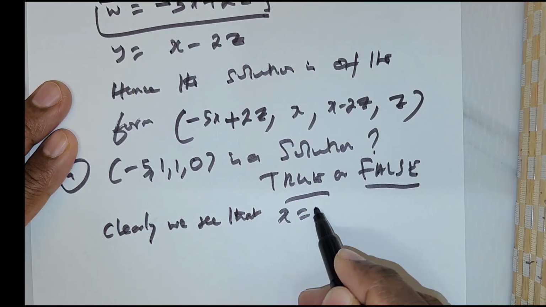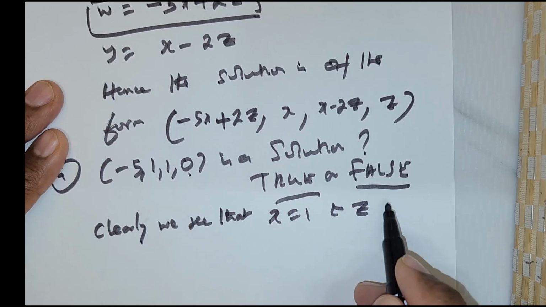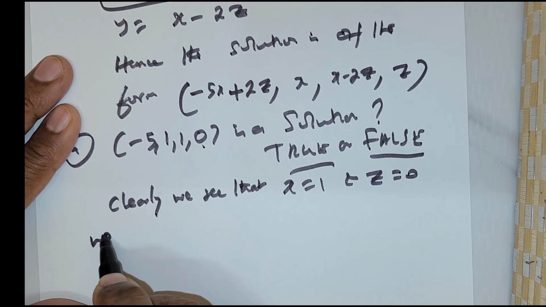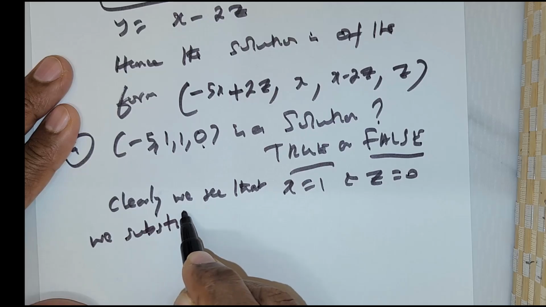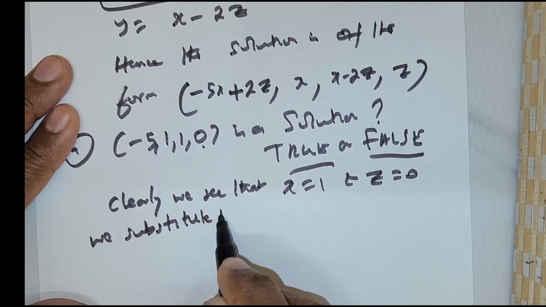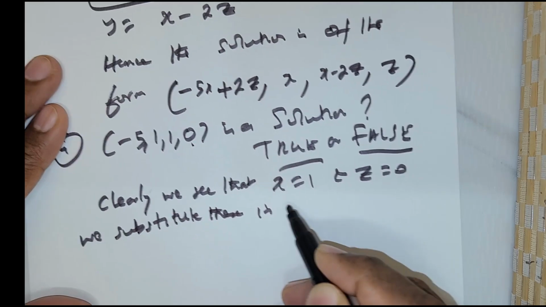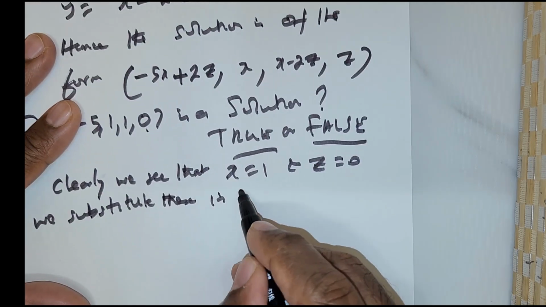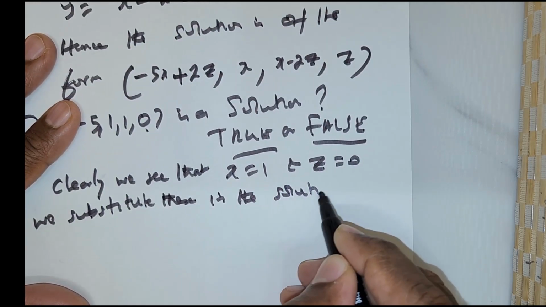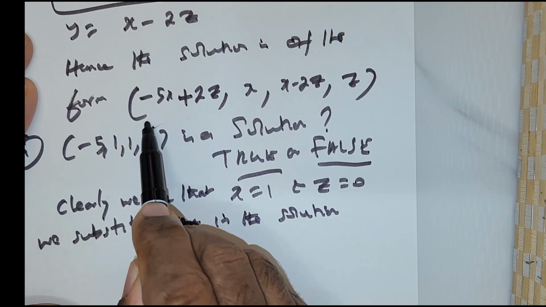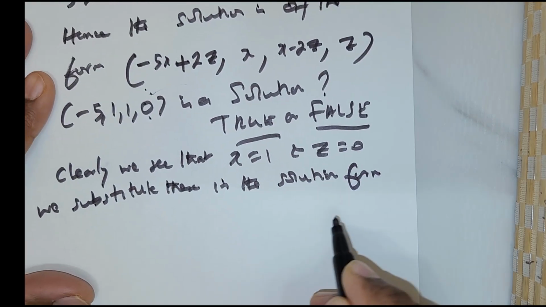We see that x is equal to 1 and z is equal to 0. We substitute these into the solution form.